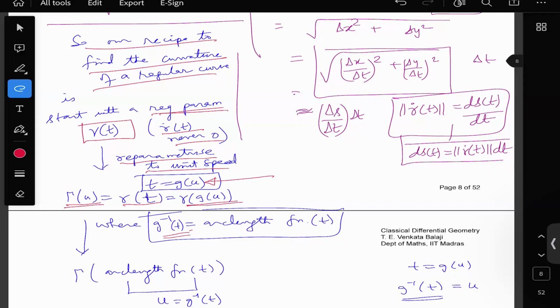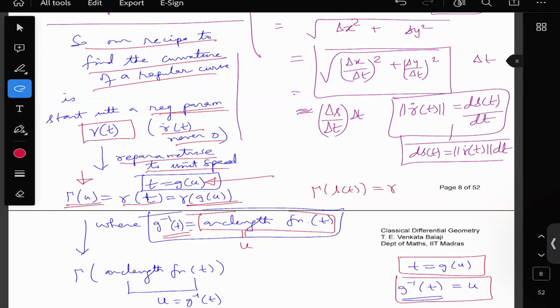G inverse, so you see you have t is g of u, therefore G inverse of t is u, and u is the argument of capital gamma. The point is that G inverse of t, which is just u, is the arc length function s of t. Therefore the idea is very simple. You must have that capital gamma of s of t is equal to small gamma of t.